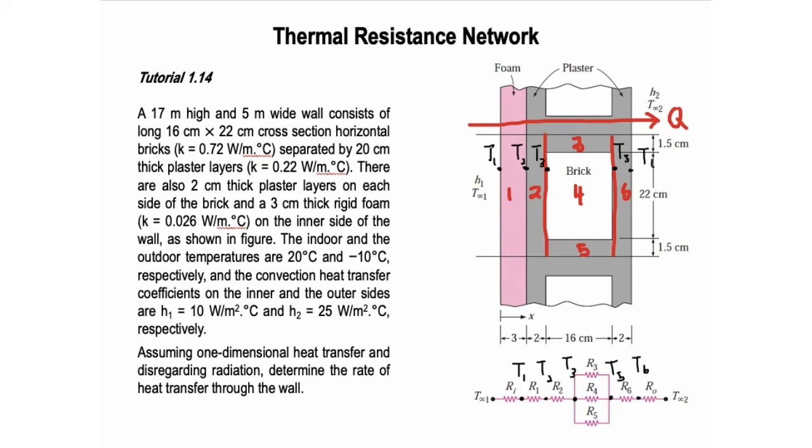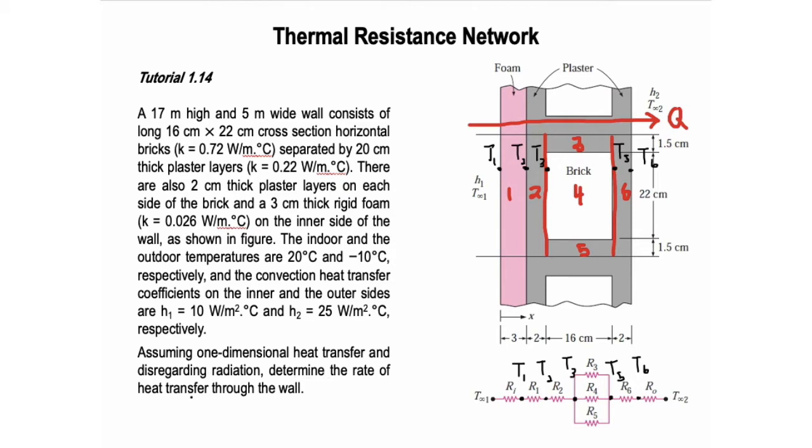T6. Okay, so this is T infinity 1 and this one is T infinity 2. Okay, so next we can assume one-dimensional heat transfer. In fact, we always assume that. Okay, and disregard any radiation.